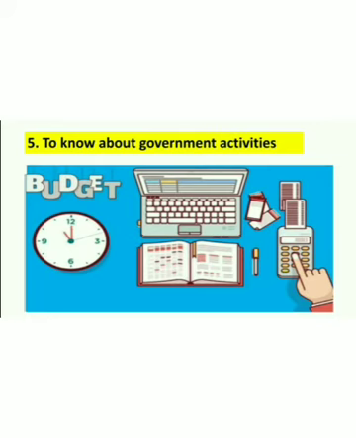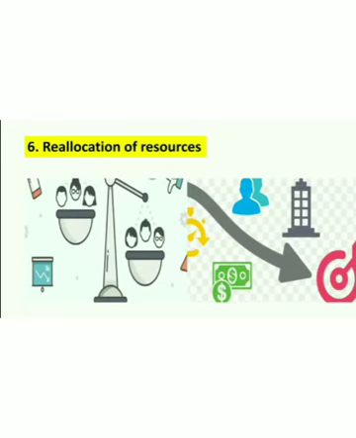All right, and then we also know about reallocation of resources through the government budget. Reallocating resources is one of the major objectives of the government budget. For example, production of harmful consumption goods can be discouraged through heavy taxation, and the production of socially useful goods can be encouraged through subsidies.